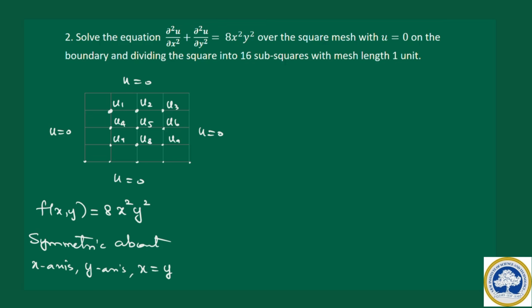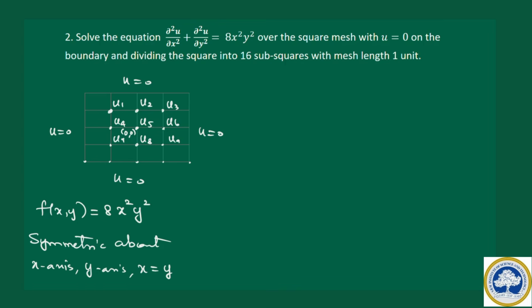Okay, so symmetric about x axis and symmetric about y axis, how can we apply that in this diagram? If we fix the center point u5 as the origin, then only we can use the symmetric property about x axis and about y axis. And also we can use the symmetry about x equal to y. Let us see first symmetric about x equal to y.